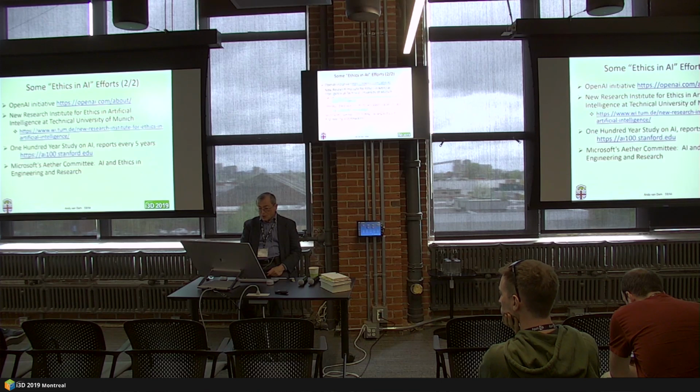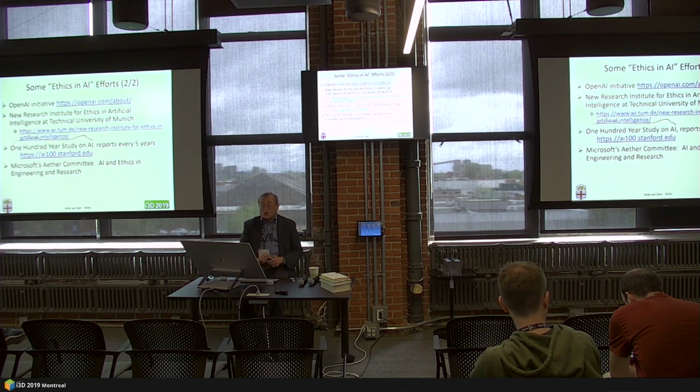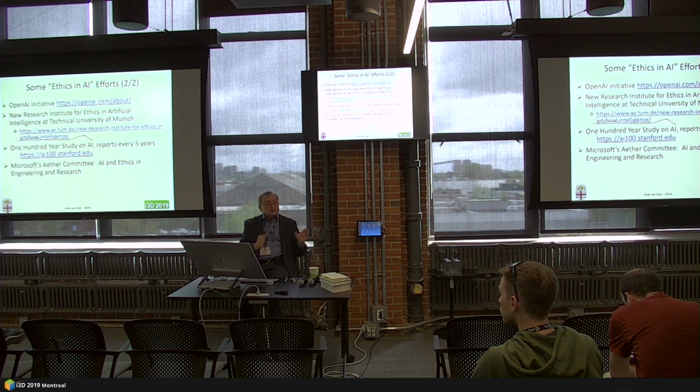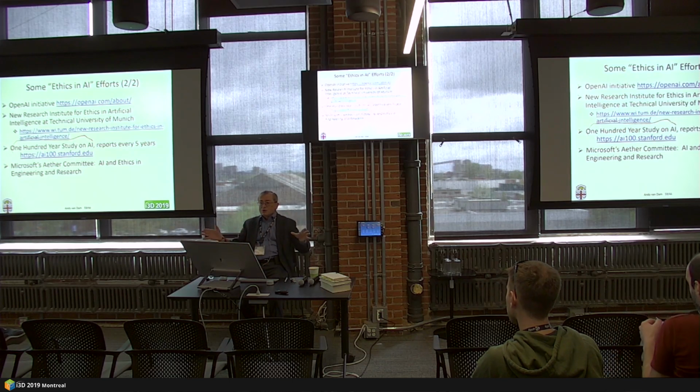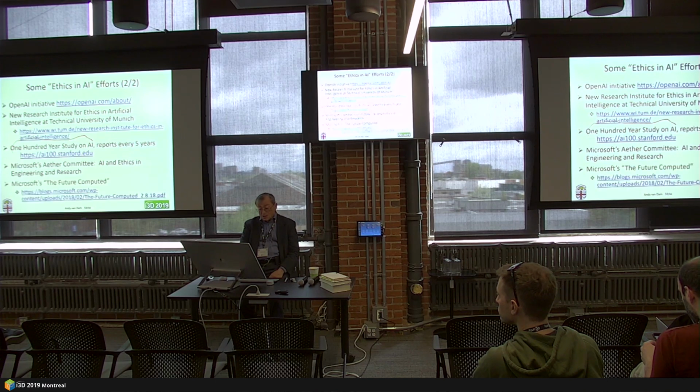Here are some other ones. I talked to Eric Horvitz at Microsoft a couple of days ago. The 100-year study is something he and his wife funded. It puts out a report every 5 years to talk about this set of issues. How do we make AI beneficial to society? And Microsoft has really taken a tremendous leadership position.